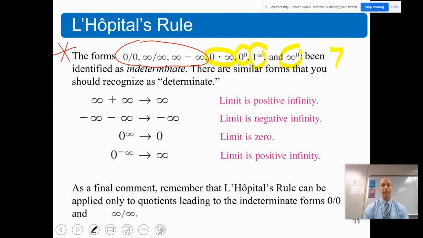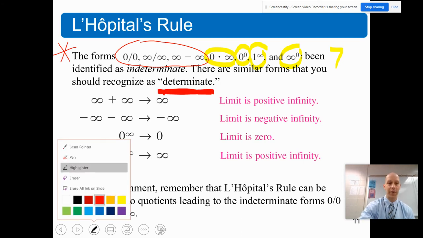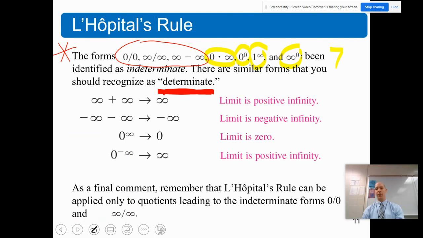Now we do have some determinate forms. Determinate means we do know the answer. For example, if I have a limit that turns out to be infinity plus infinity, that's just infinity. That kind of makes sense. Similarly, negative infinity minus infinity is negative infinity. If I go negative infinity and negative infinity more, that's still negative infinity. 0 to the infinity does go to 0.